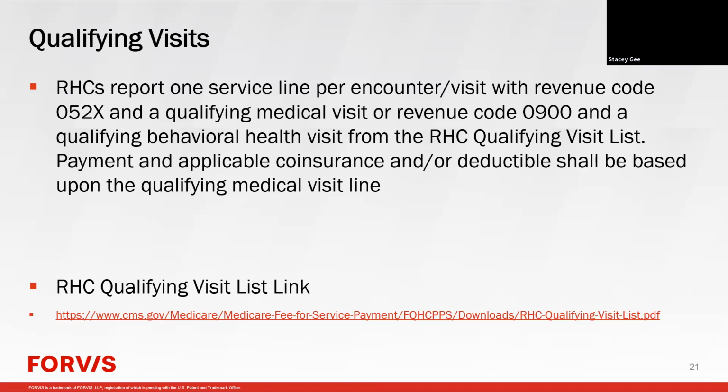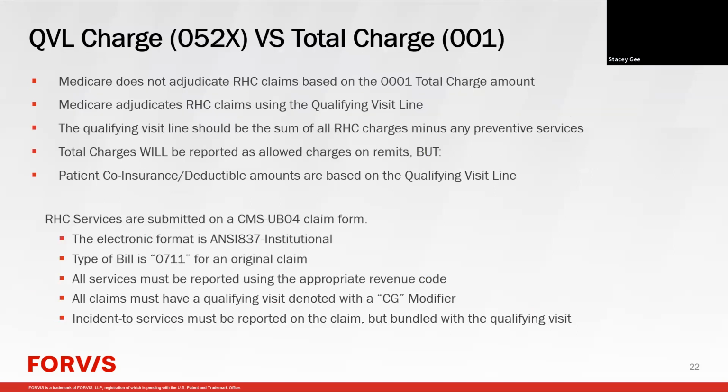So payment and any applicable coinsurance or deductible will be based on that qualifying medical visit line. On the bottom of this slide, I have attached a link that you can go to. It will open up a document from CMS that has all of the qualifying visit list CPT/HCPCS codes on that list. I have provided in the next slide, this is just a snippet.